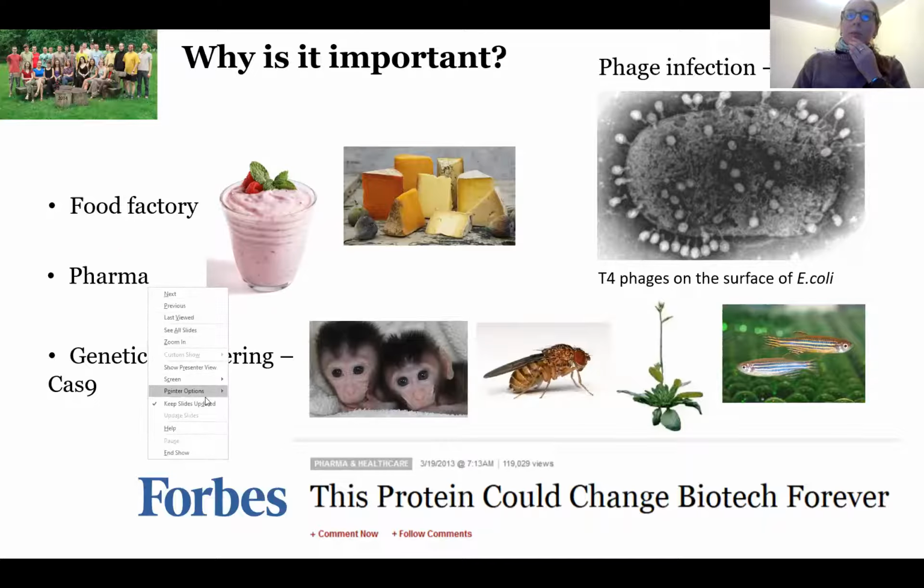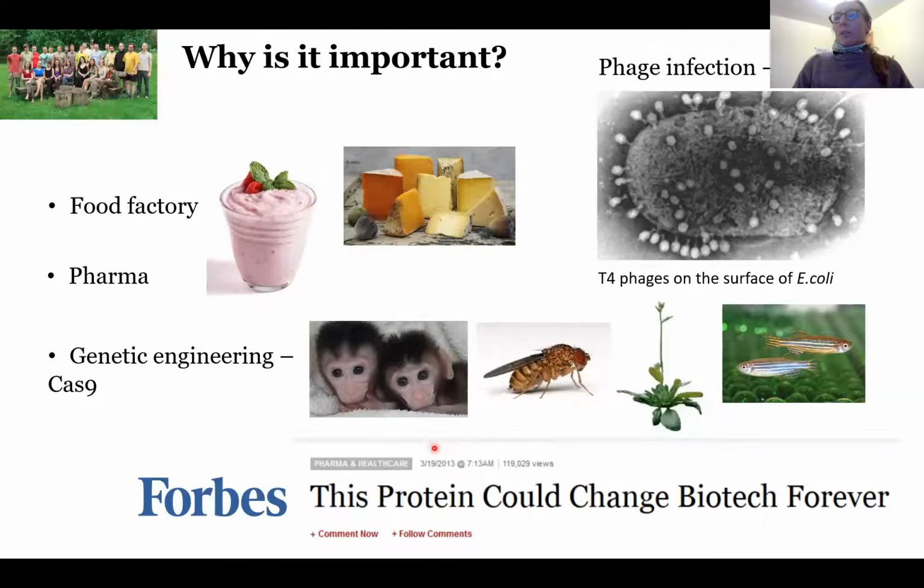It became important for pharmacy, for genetic engineering, for organisms such as chimpanzees, for example, or human, as you know already. For Drosophila, for tomatoes, for Arabidopsis, for zebrafish, for many, many others.